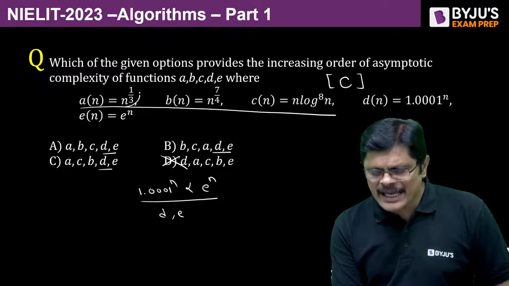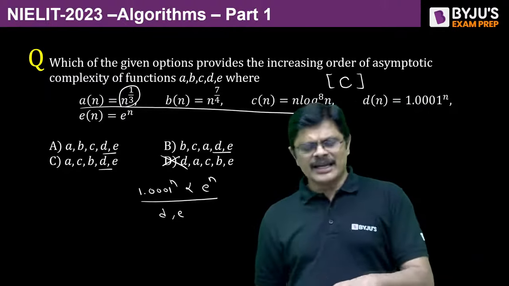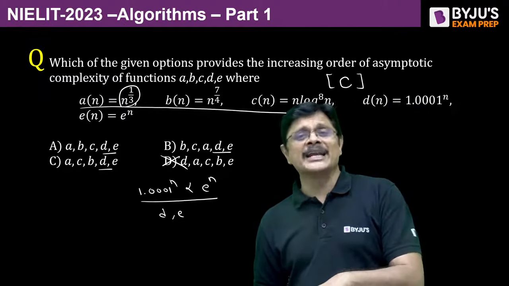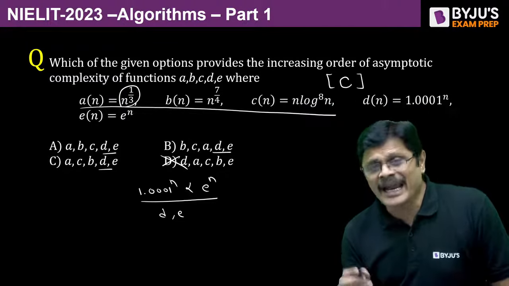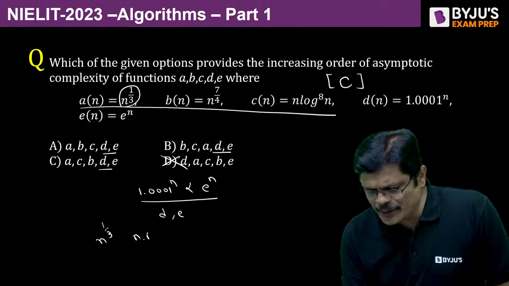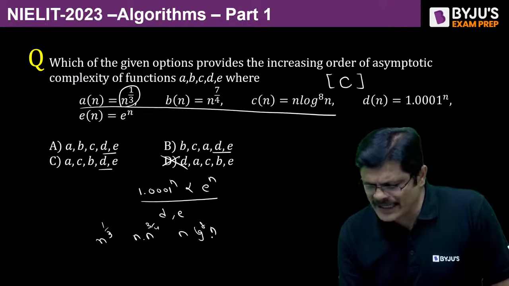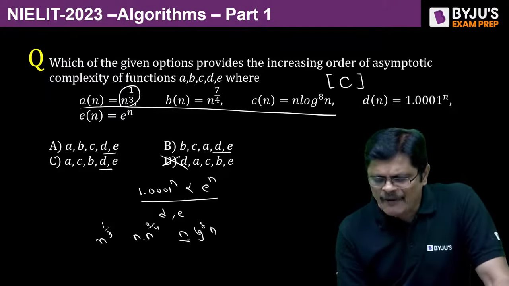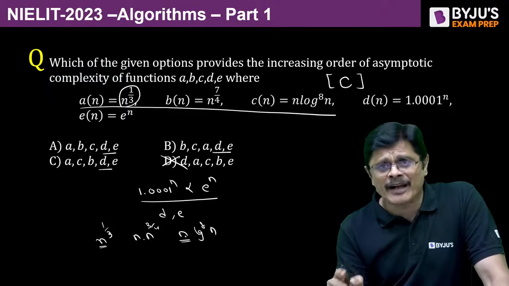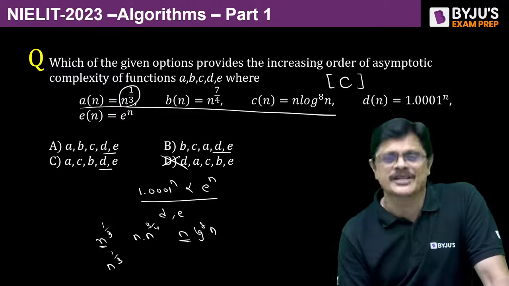Now here you see n^(1/3), n^(7/4) and n times log^8 n. n^(1/3) is the smallest.